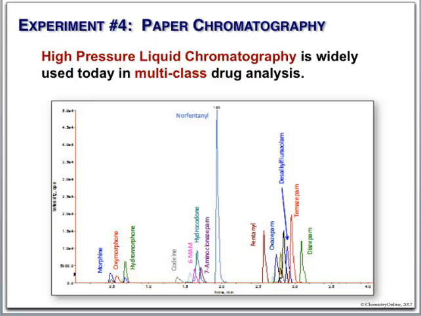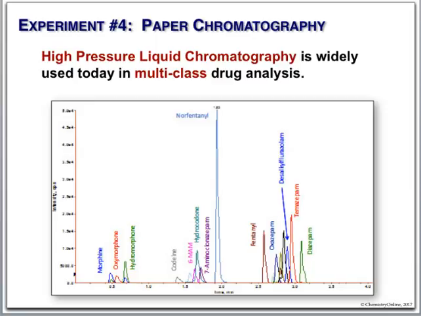You pump your sample through at very high pressure, monitor it at different wavelengths, so you can detect different things. That's why these are alternate colors. And the separation is just phenomenal.